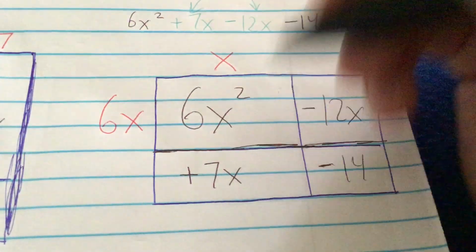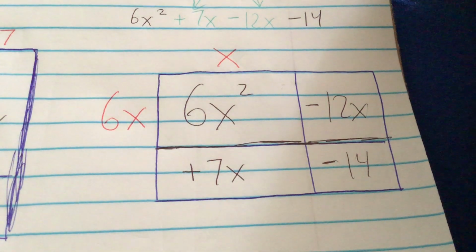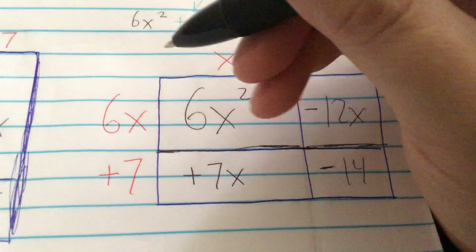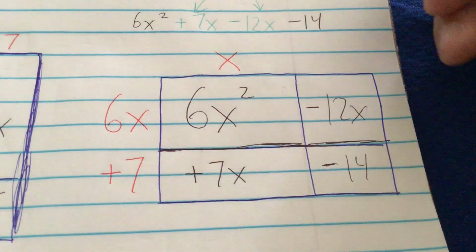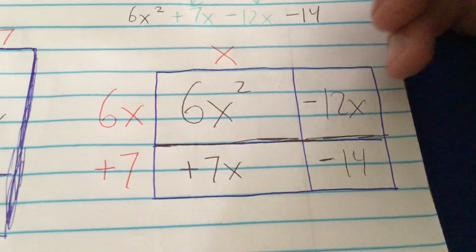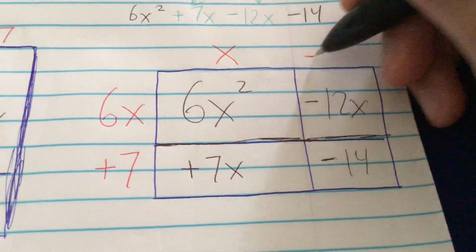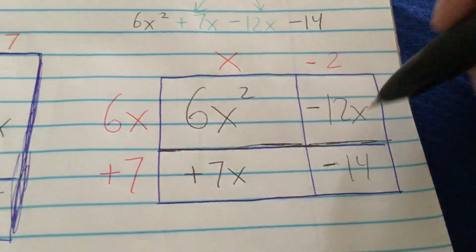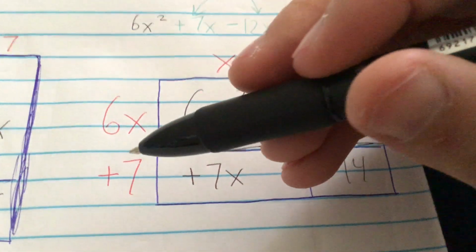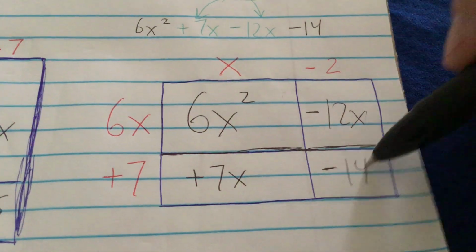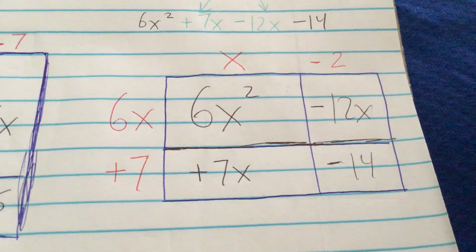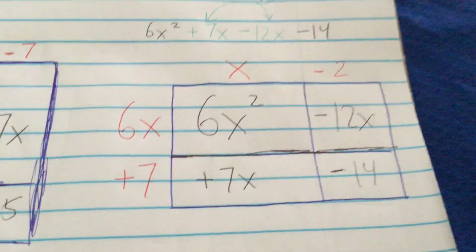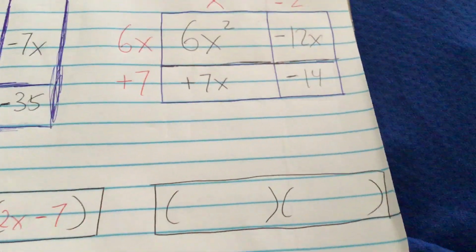X times what is positive 7x? Positive 7. 6x times what is negative 12x? Negative 2. 6x times negative 2 is negative 12x. Check your work. Is positive 7 times negative 2 equal to negative 14? Yes, then you've done the factoring correctly.